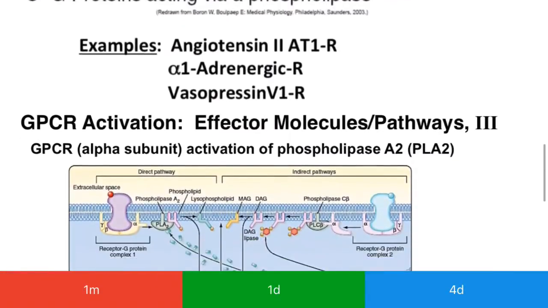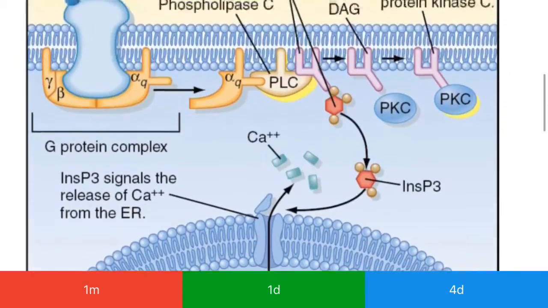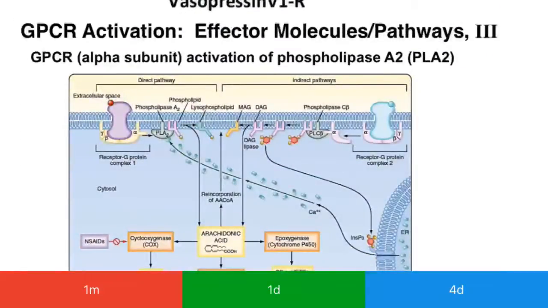And we have PLA. So instead of PLC, in the direct pathway, we have PLA2, phospholipase A2, with a phospholipid and arachidonic acid. So right, the DAG, and in the indirect pathway, the DAG activates the MAG. Okay, whatever.